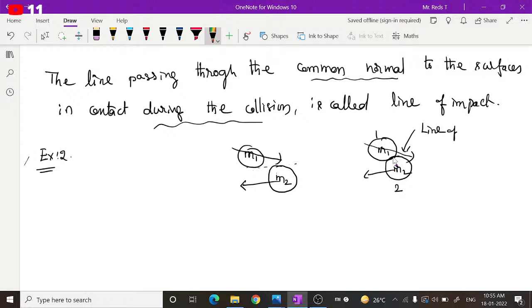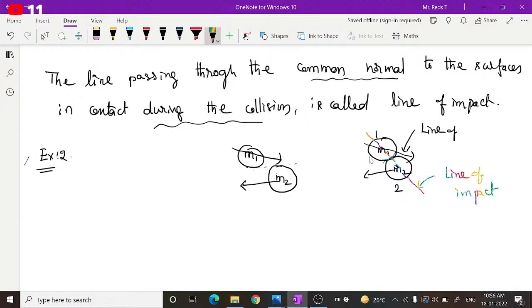During the collision, the normal to the surfaces in contact, the common normal, will look like this. This line will be called the line of impact.